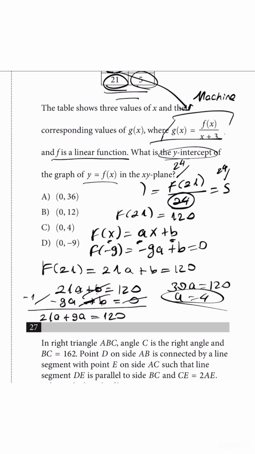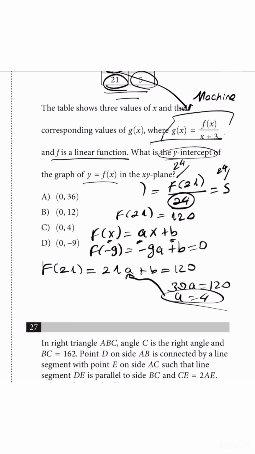So I know that 21a plus b is 120, so I can just insert this in here. So let me show you how I can do that. It's a long video, I know. So 21 times 4 plus b is 120. This is 84. So 84 plus b is 120. b is going to be 36. Okay? So now I know what a and b stand for.